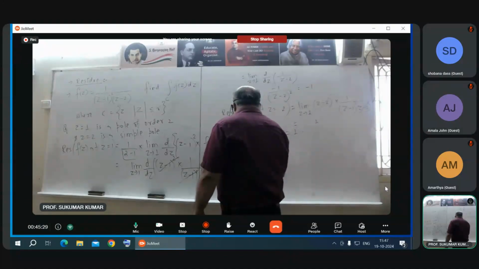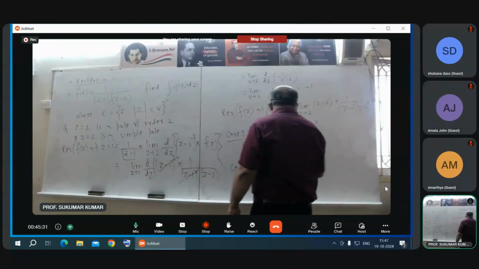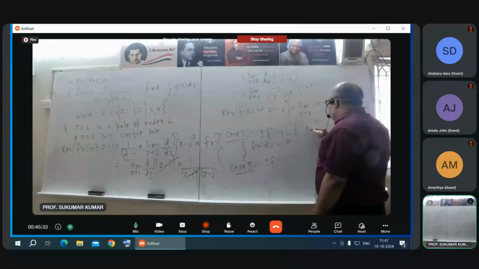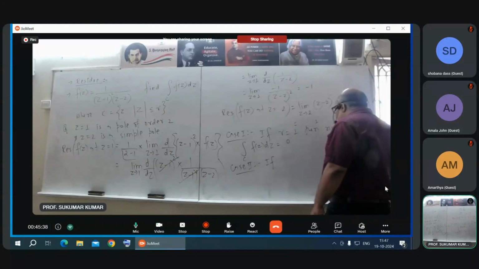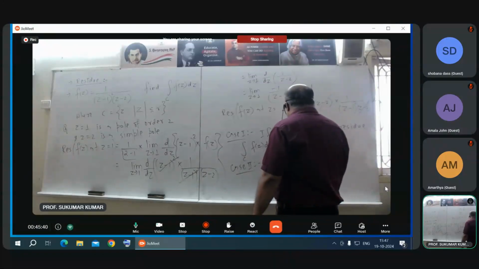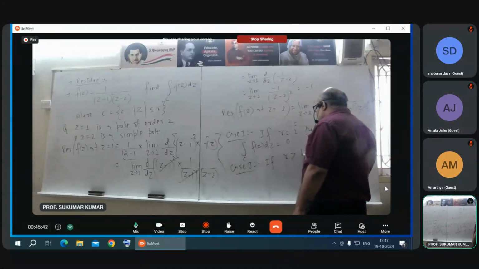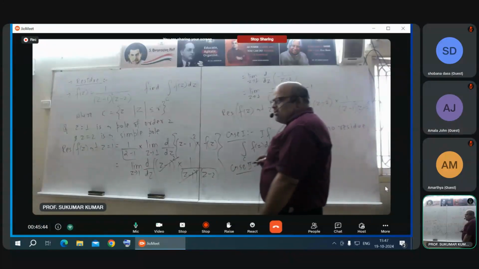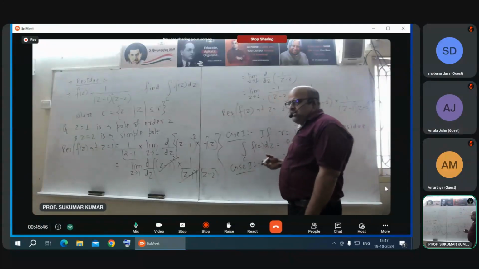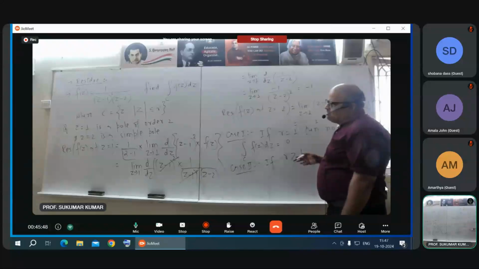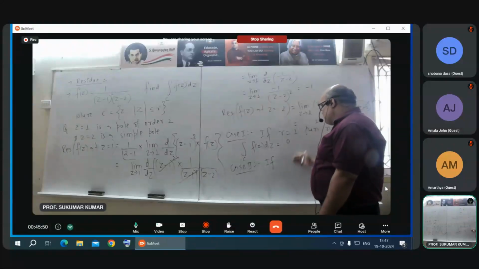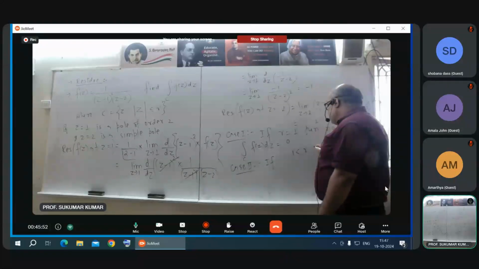Case 2. You can write here: no residue. If r is just greater than 1, like 1.5, 1.2, 1.3, anything less than 2 also, you can write 1 less than r less than 2.